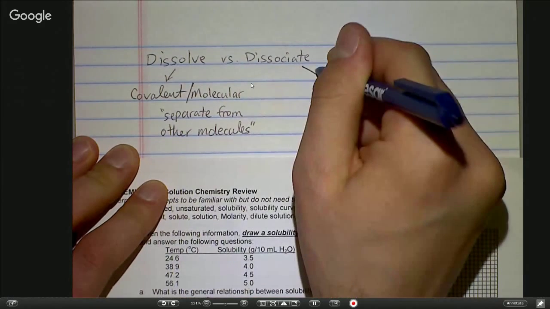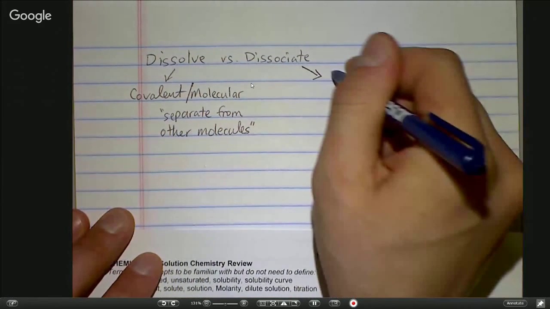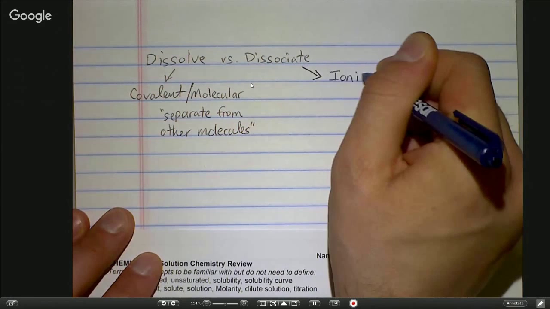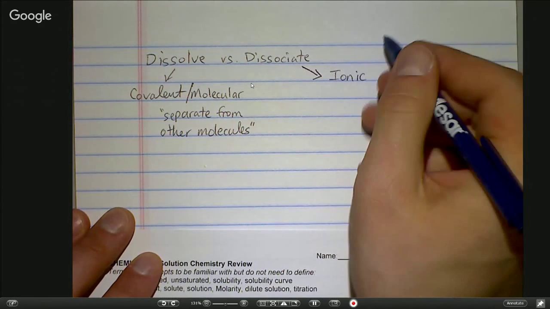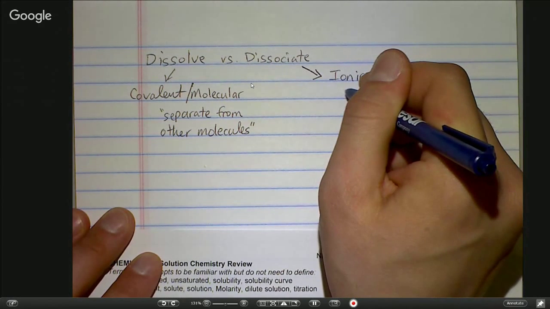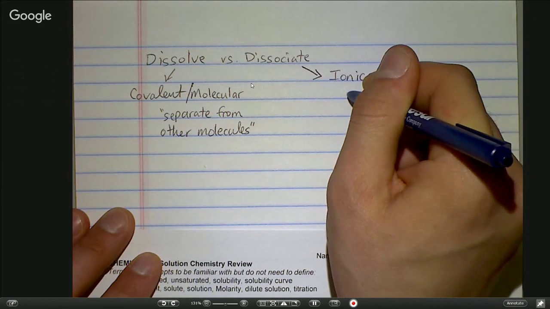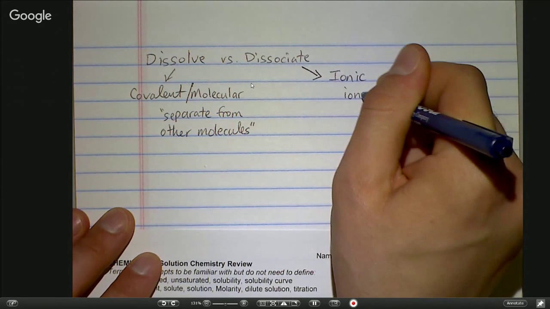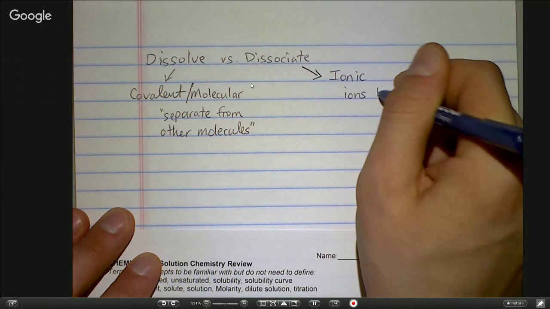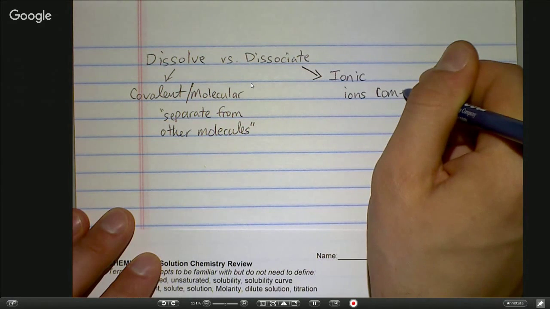On the other hand, when things dissociate, these are ionic compounds. And ionic compounds, during solvation, the ions come apart or break apart from each other.